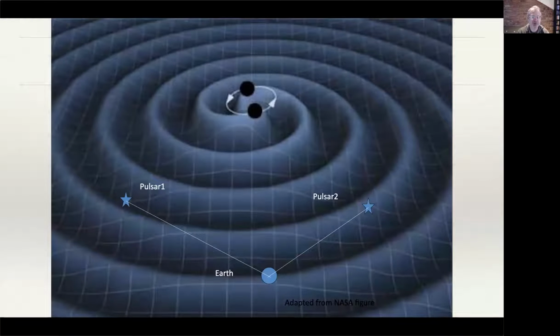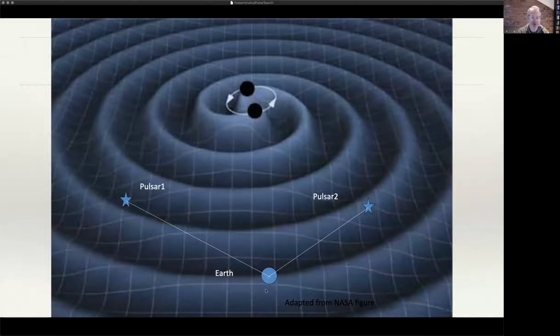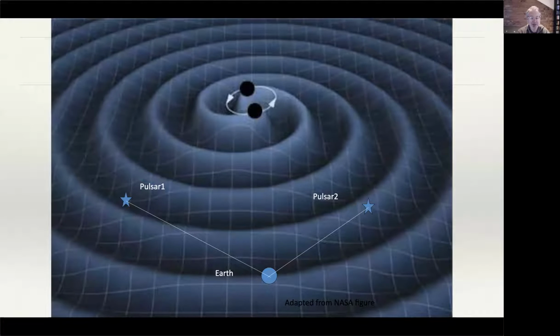Here is a bit of a graphic to show you what that looks like. We have the Earth down here at the bottom, two pulsars for an example, and a binary supermassive black hole. None of this is to scale, by the way. These binary supermassive black holes are located many millions to billions of parsecs away.